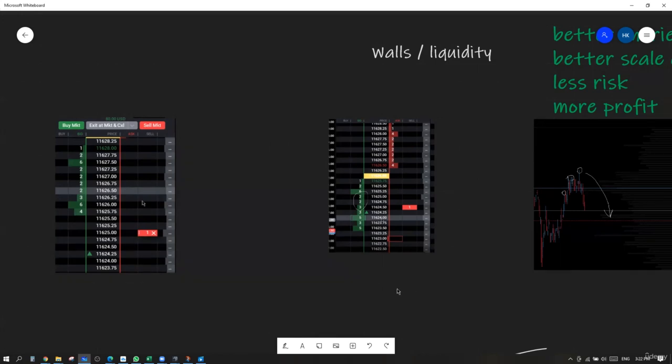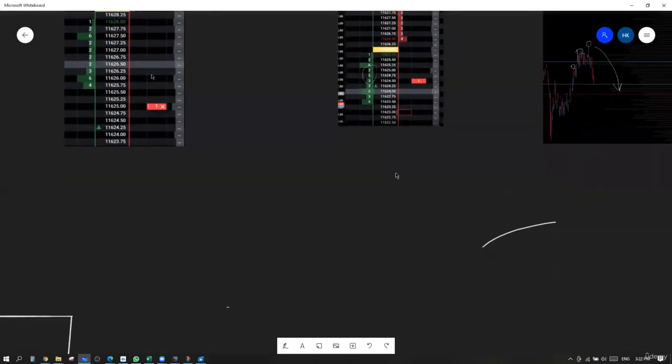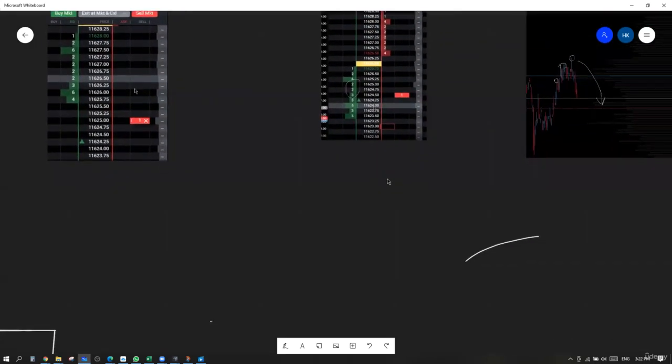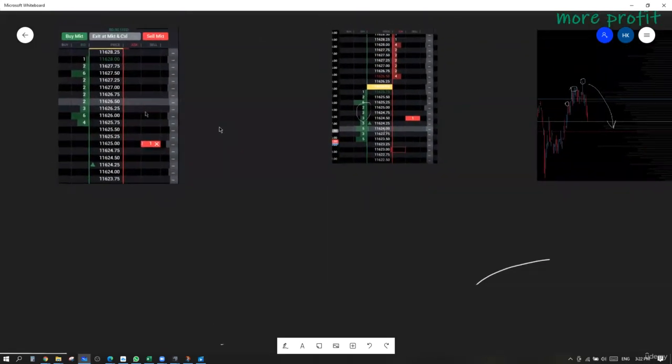Let's break this down before we start looking at these examples. This is the ladder. As we know, the price is in the middle, the bid, the limit orders of buyers, is on the left side, and the ask is here, the sellers' limit orders. We can see the market orders interacting, pushing the prices up and down between these limit orders.